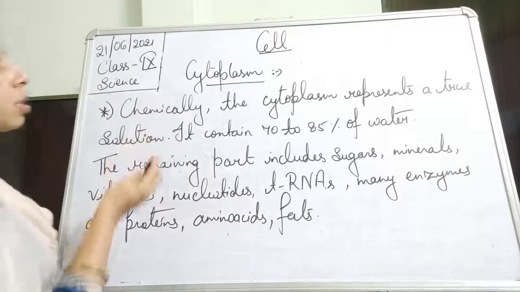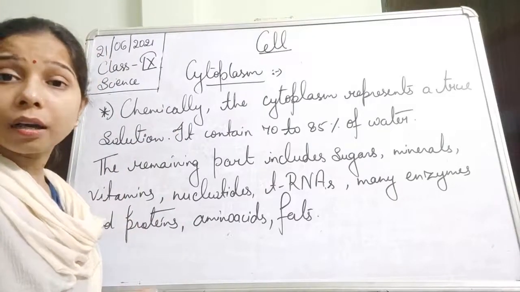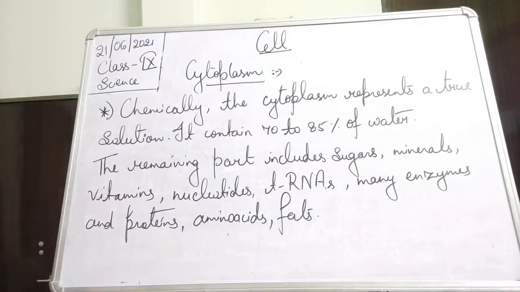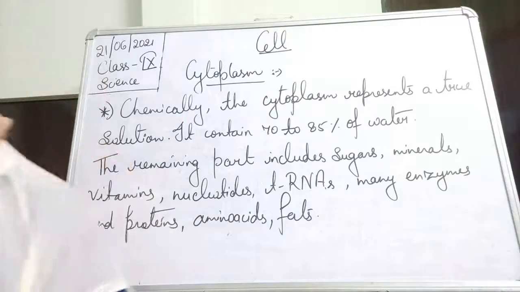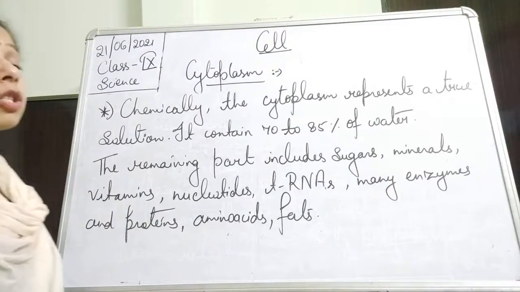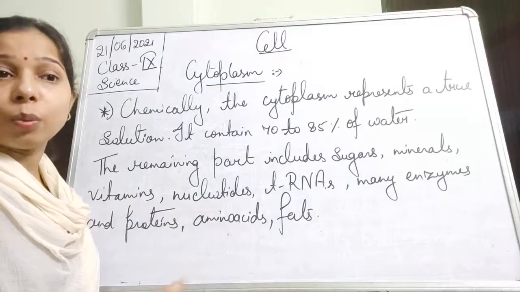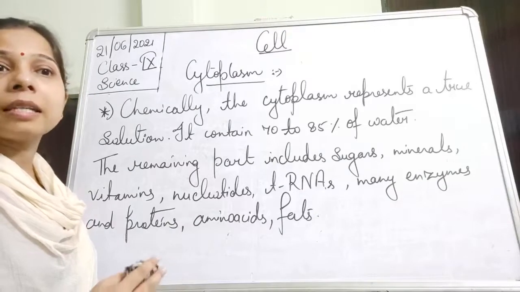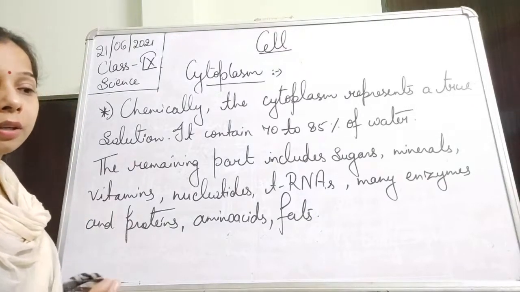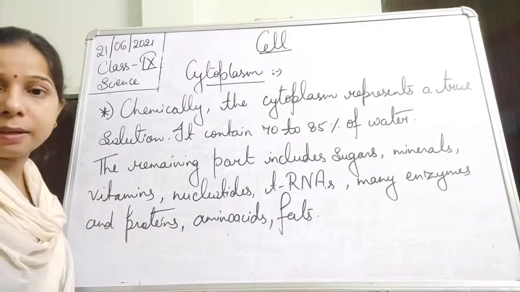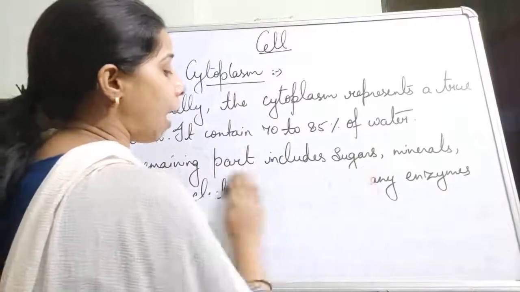Now, this is the site of many metabolic activities, like translation, where the process of protein synthesis happens, as well as the process of glycolysis. Glycolysis is a process in which glucose is converted, you can say. So the process of glycolysis also happens there.